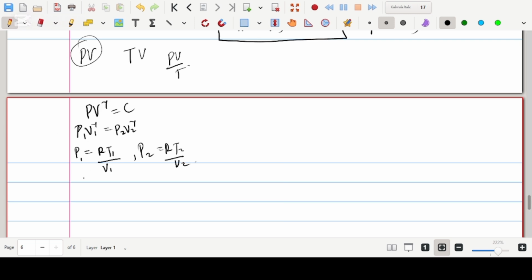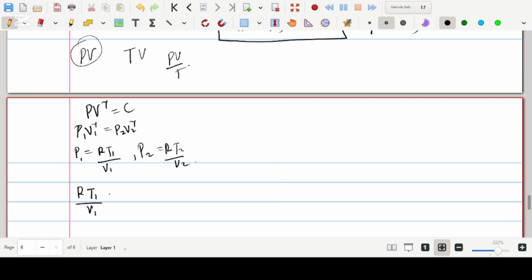So let me substitute. Then I'm going to have P1. Instead of writing P1, I will write all this. See it properly. So I'm now substituting for P1. I'm writing this. This one becomes RT1 over V1.